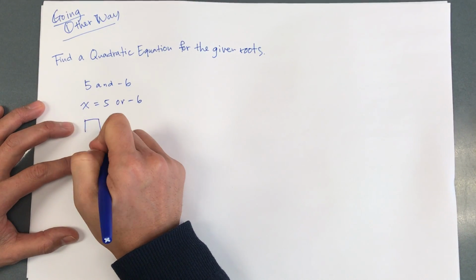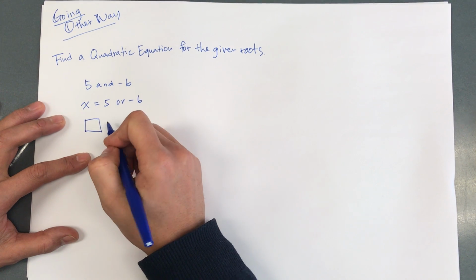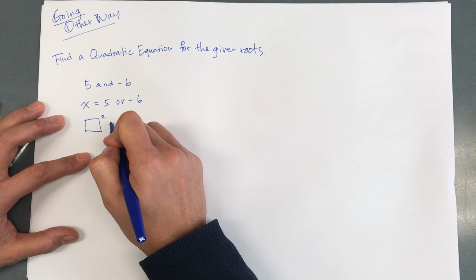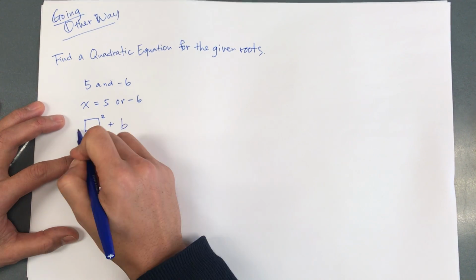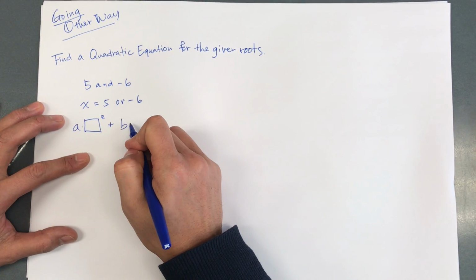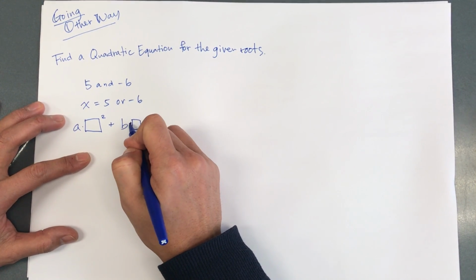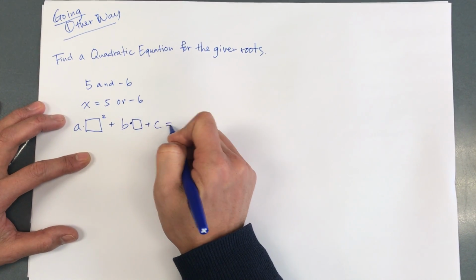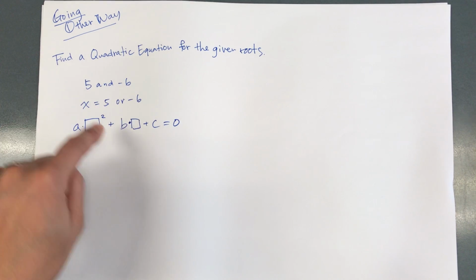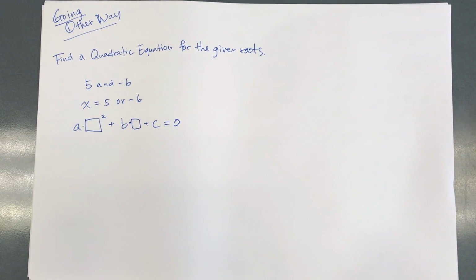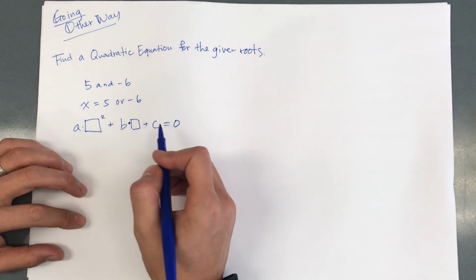So we're going to find quadratic equations that have the form a times x squared plus b times x plus c equals 0, and if you plug in these 5 and -6 one at a time, that's going to be equal to 0.